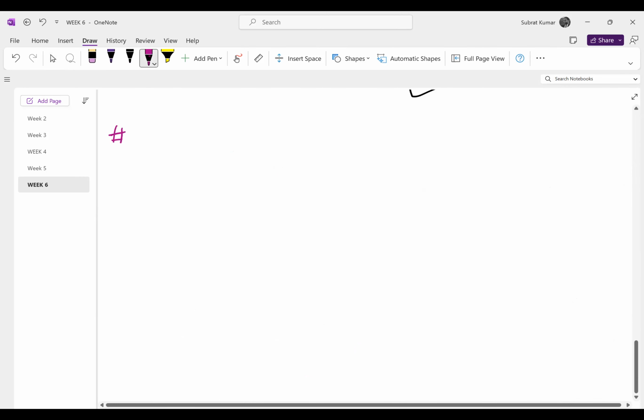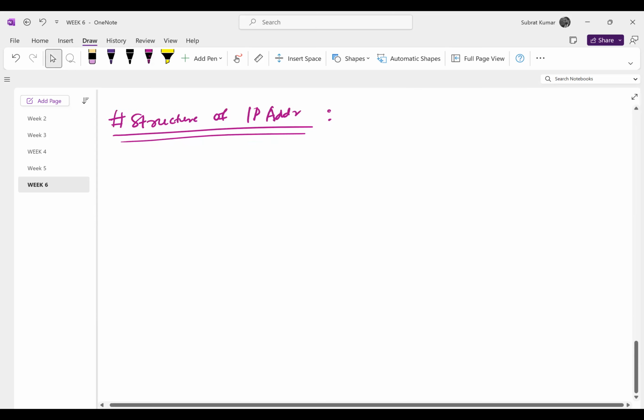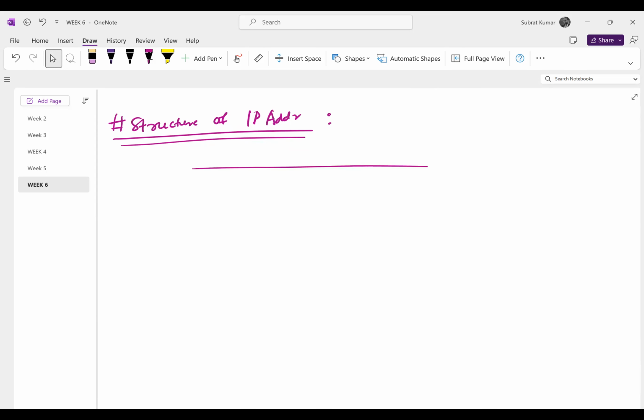Structure of IP address. The structure of an IP address is like this. Here is a complete address.